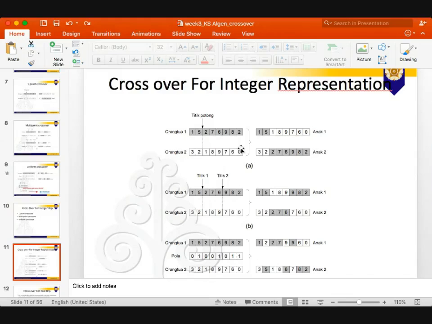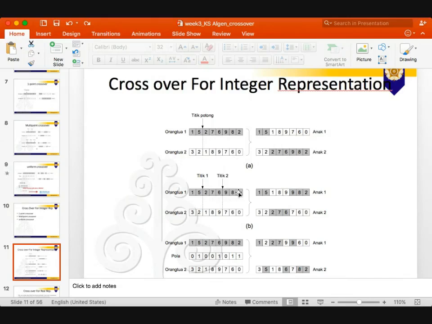For example, here 1, 5, 2, 7, 6, 9, 8, 2, and the crossover point is 2. So we copy 1 and 5 here into offspring 1, and the rest comes from the second parent.